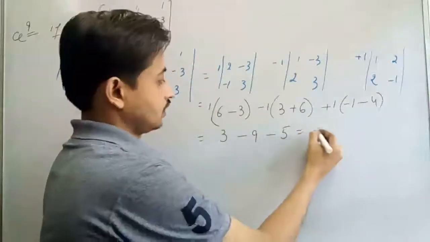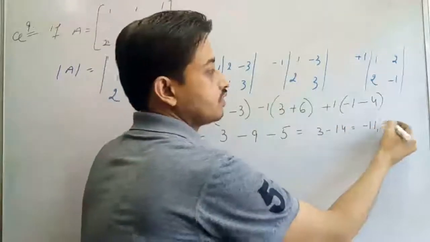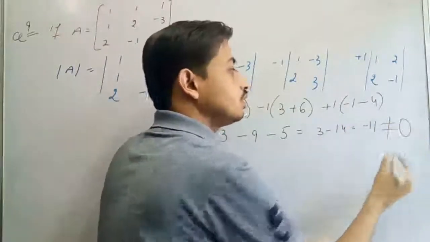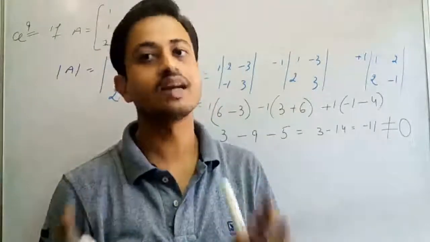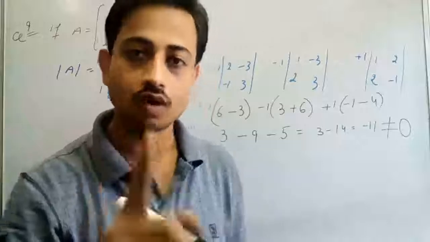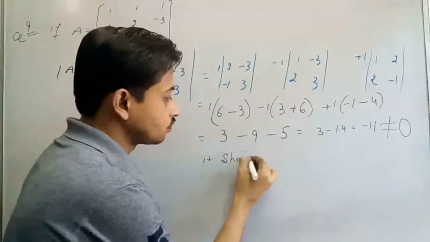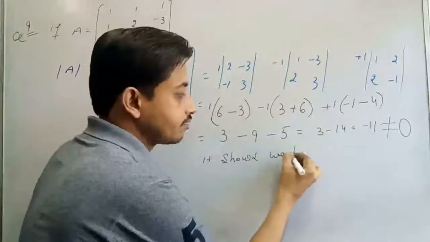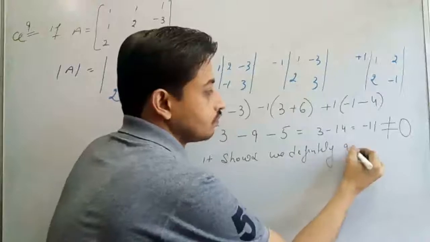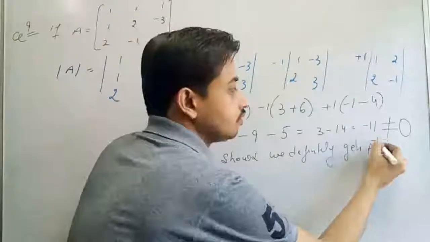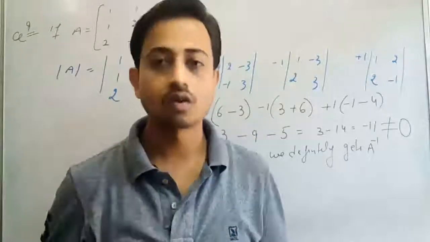So this becomes 9 minus 14, we get minus 11, which is not equal to 0. It means the determinant is not equal to 0, so we definitely get A inverse. And for that we have to find its cofactors.